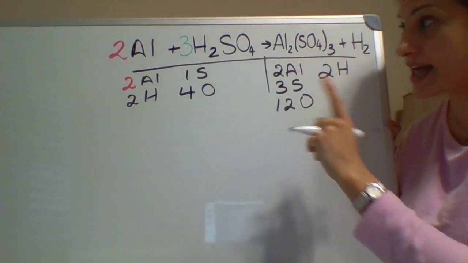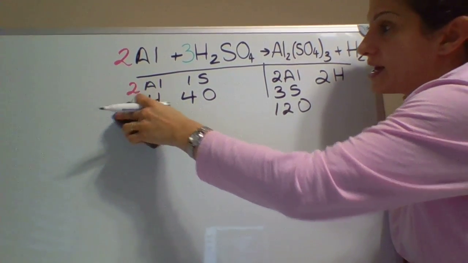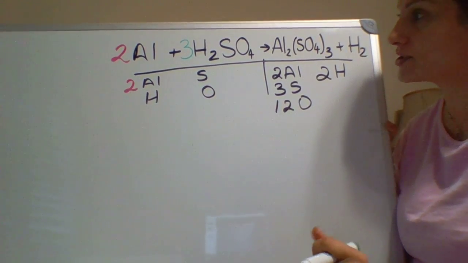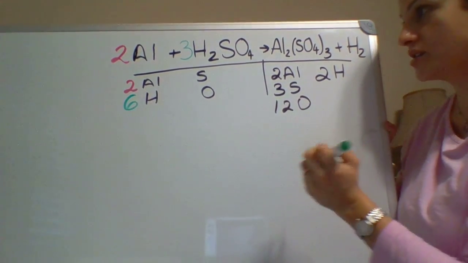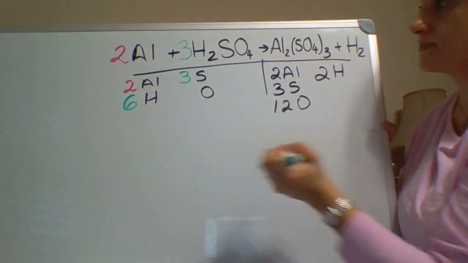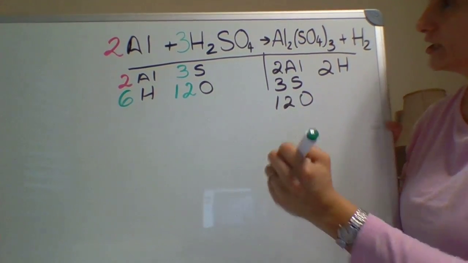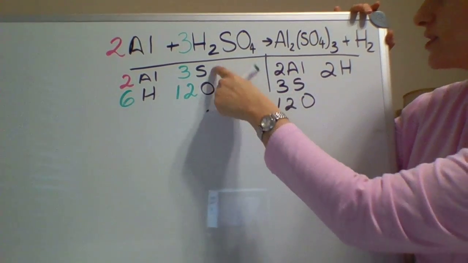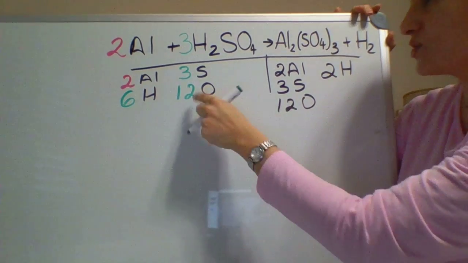So if we do that, once again, we must change these numbers. It's always important to remember to change the numbers. So how much hydrogen do we have now? We have 6. We have 3 sulfur, and we have 12 oxygen. Okay, so let's check again. Aluminum's still good. We have 3 sulfur, 3 sulfur. We have 12 oxygen, great, 12 oxygen.